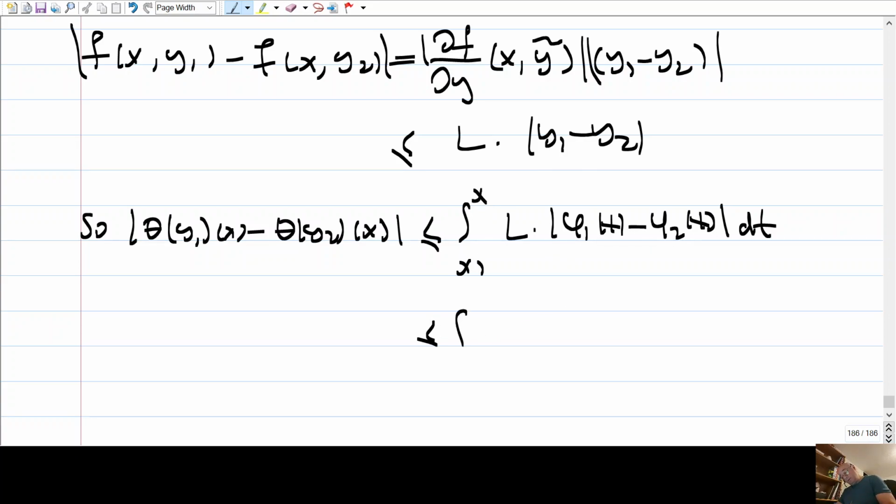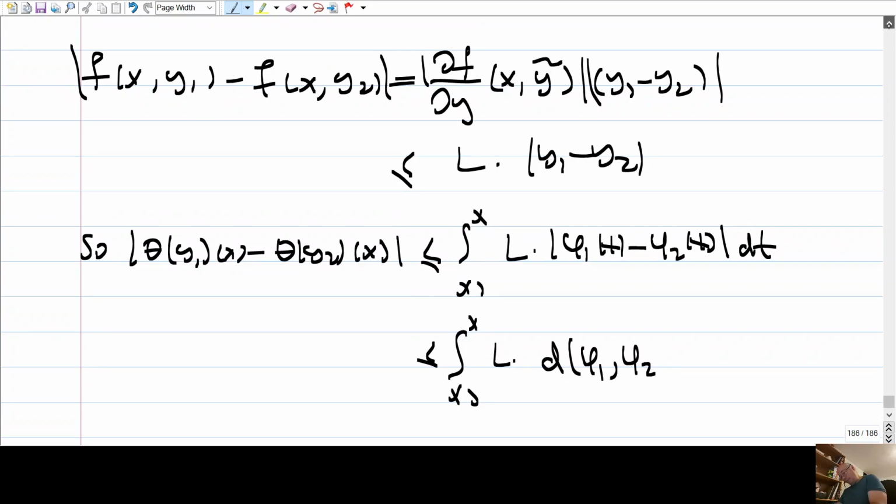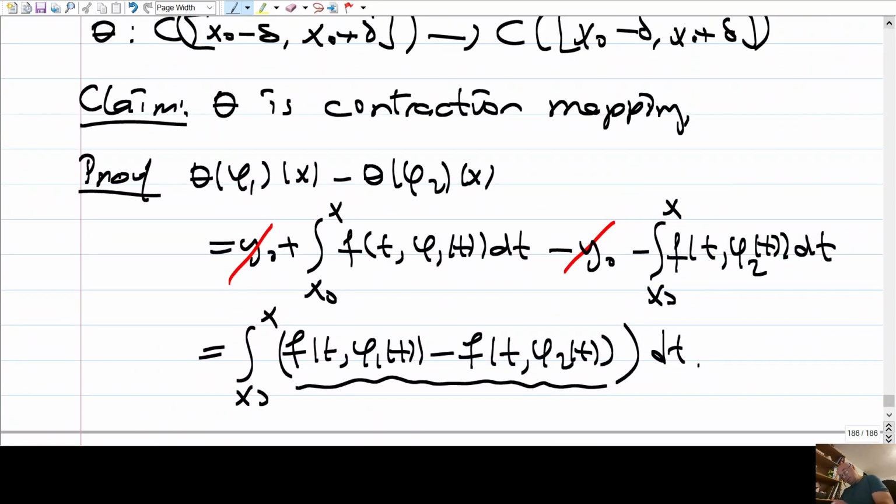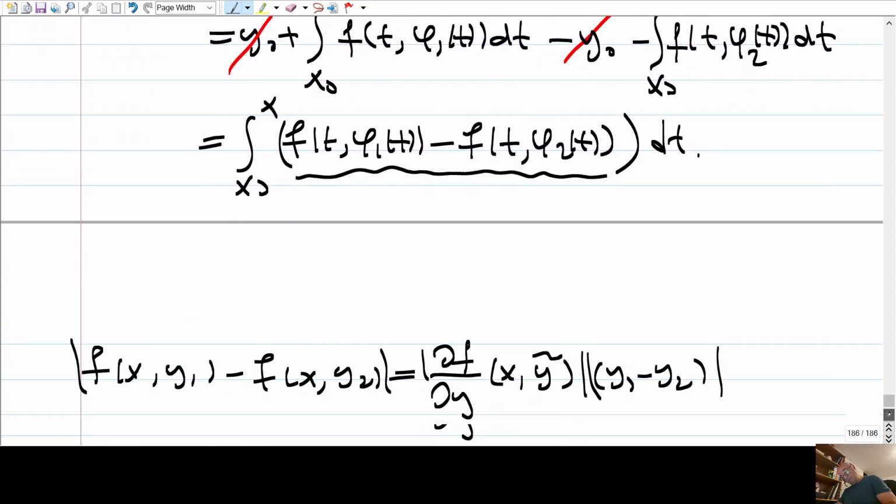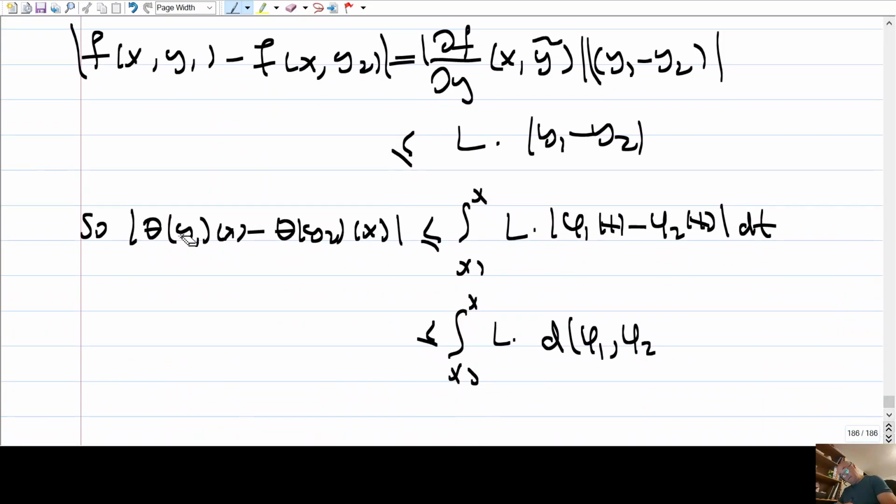So this is the integral from x0 to x of L times the sup metric between phi1 and phi2, because this distance is always greater than or equal to this, the supremum of all these, dt.